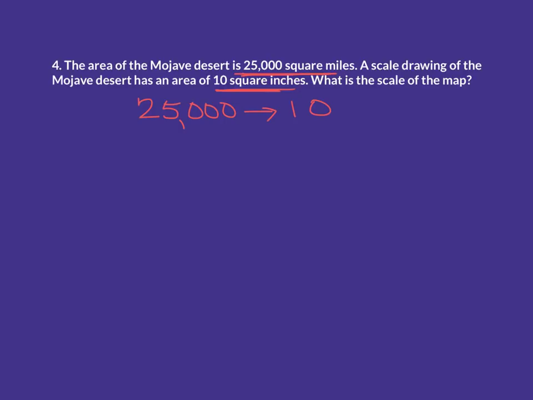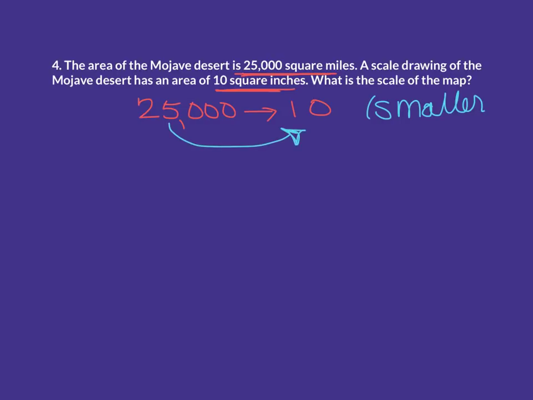So remember, that number gets smaller when we go from left to right. So I know that I'm multiplying either by a fraction, or if I'm not sure what it is, of course I would divide, right? So in this case, I know that it's reduced from 25,000 down to 10.